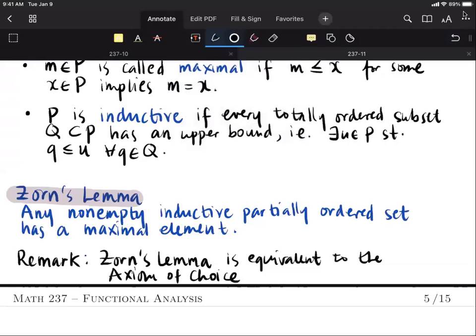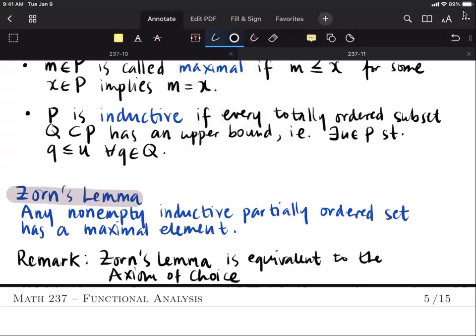So roughly, the axiom of choice states that for a non-empty collection of pairwise disjoint sets, there is a set wherein you can choose precisely one element in the sets of that collection.